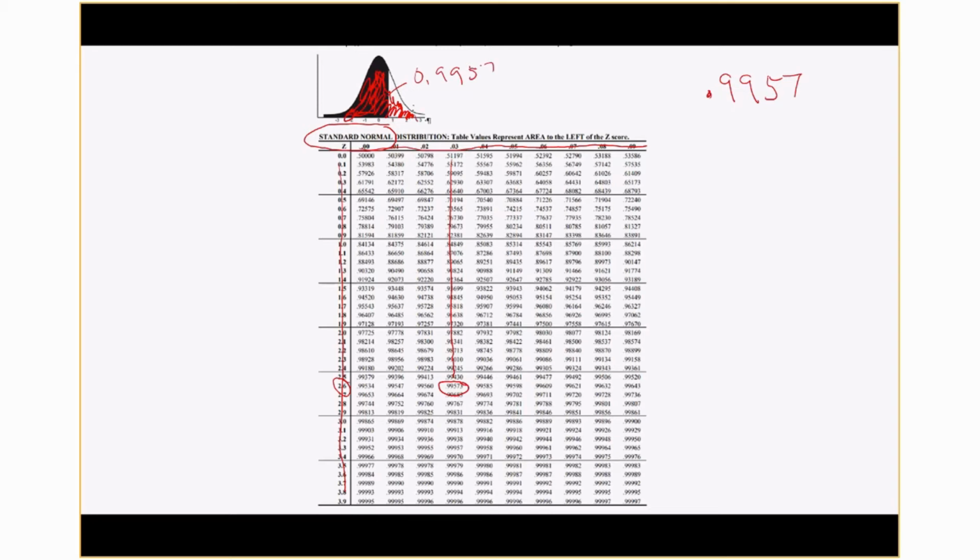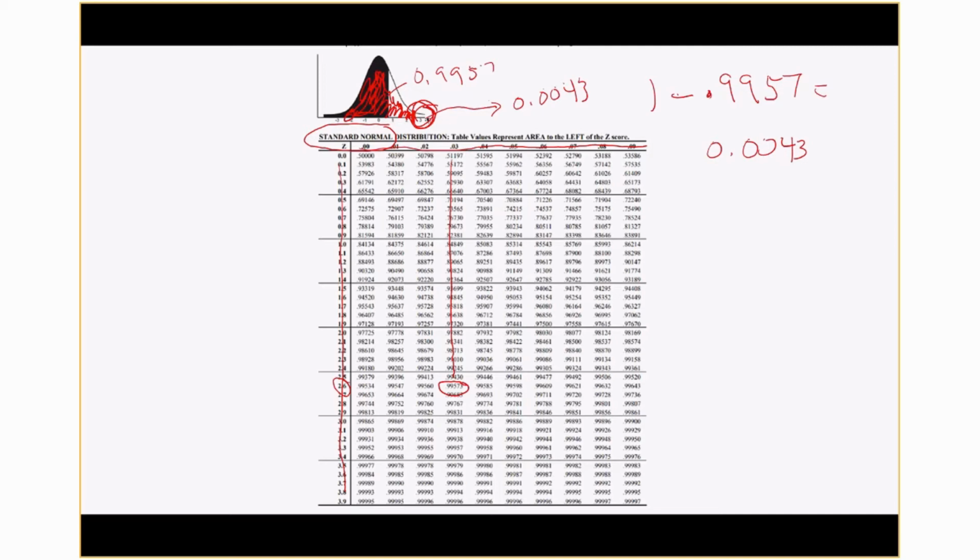And this tiny bit at the end corresponds to 1 minus 0.9957, which is equal to 0.0043. So this little bit out here is 0.0043. And what does that represent? That represents the probability of getting a Z-score of 2.63 or more.